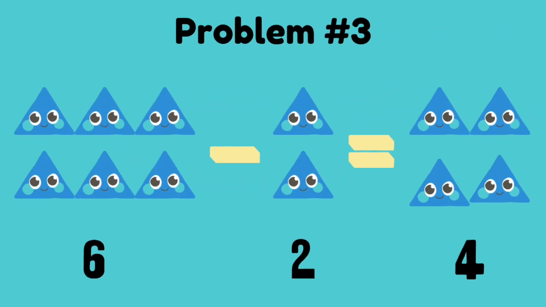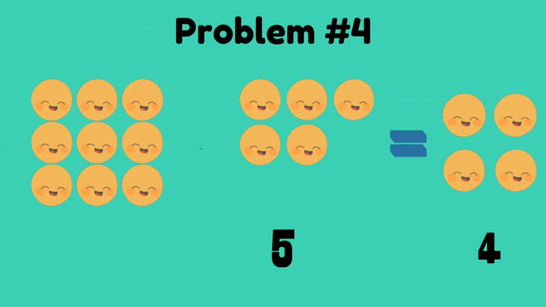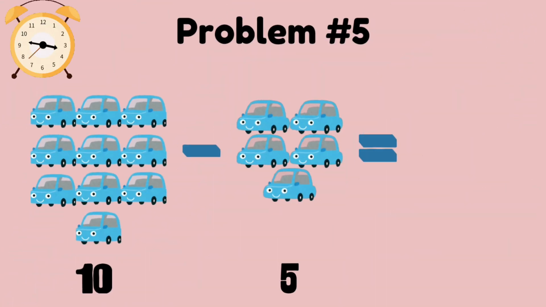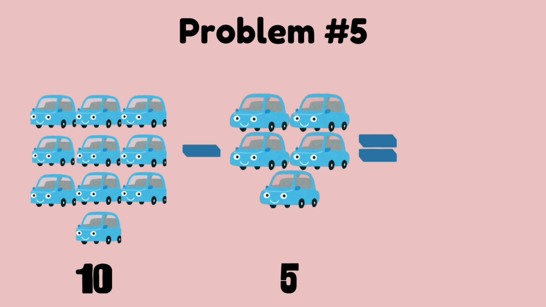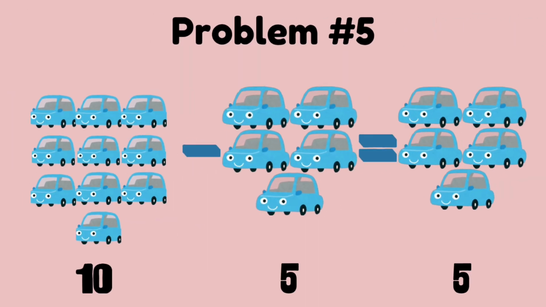Time's up. 6 minus 2 equals 4. Pencils up. 9 minus 5 equals 4. Time's up. 10 minus 5 equals 5.